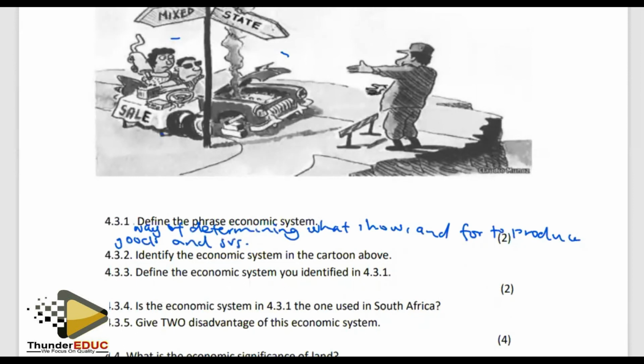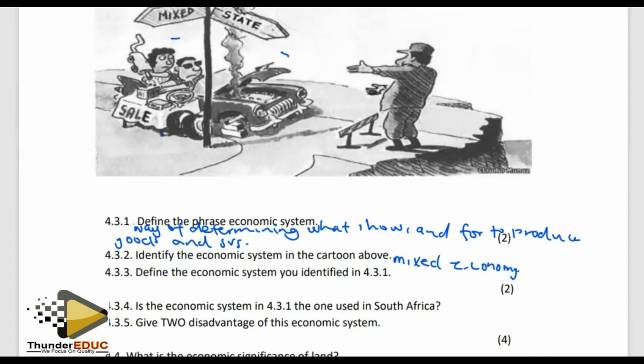It talks about how resources are going to be allocated in an economy. So identify the economic system in the cartoon. The economic system here is called a mixed economy.